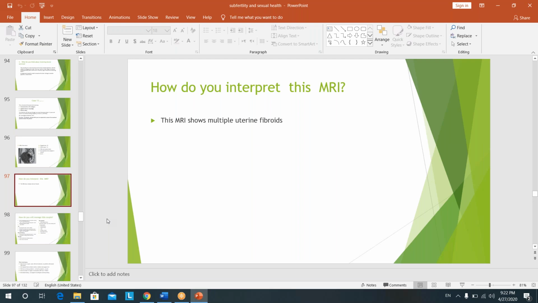After that, I will explain the MRI findings to the patient. I will take her permission on whether she wants me to explain the result in front of her husband and partner. If she agrees, then I will tell her the finding of the fibroid uterus.